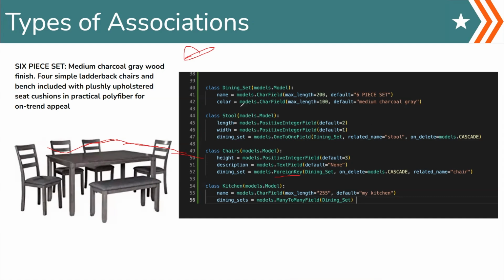If the dining set were to be deleted, but that dining set had a stool, what do we do to the stool when the dining set no longer exists? Well, the cascade on delete models.cascade will remove the stool out of the equation because the stool has a dependency on the dining sets. It is relying on the dining set. So we can handle the relationships cascade method by using on_delete equals models.CASCADE.